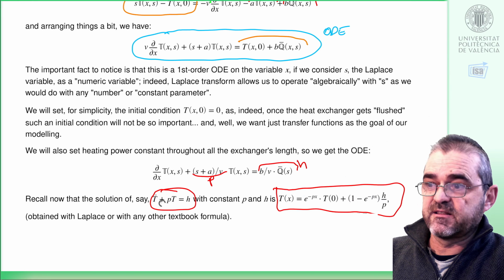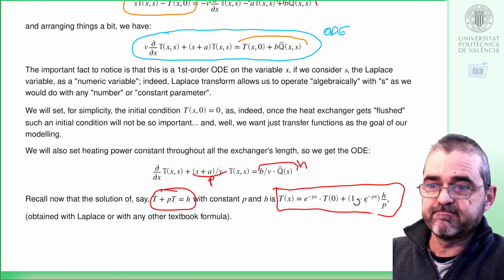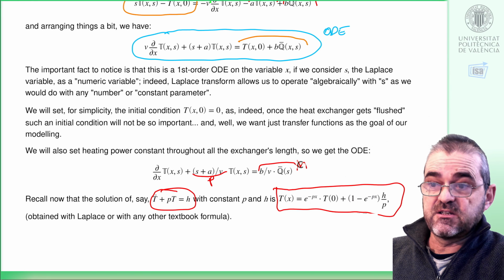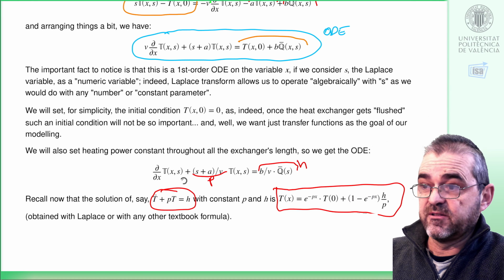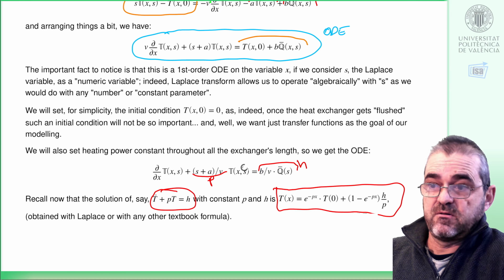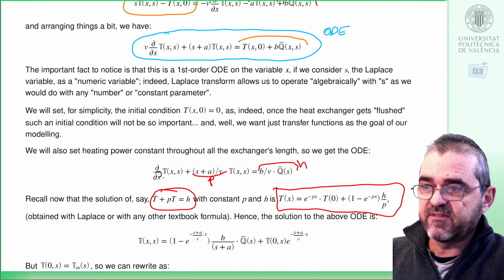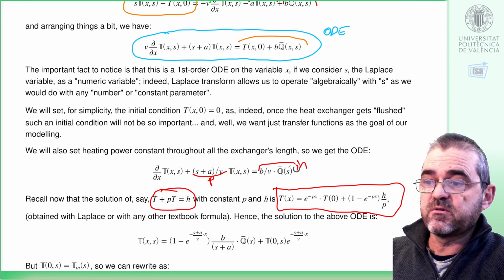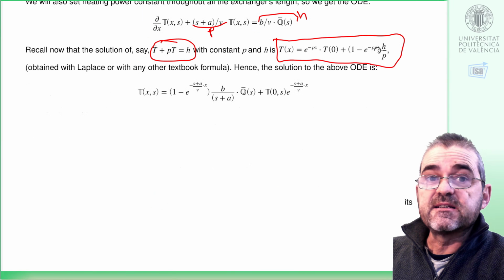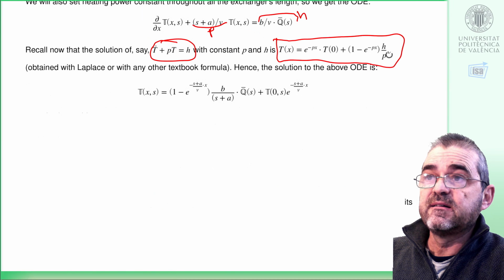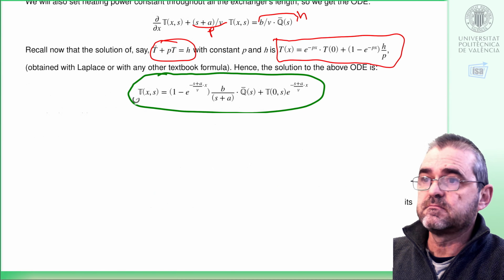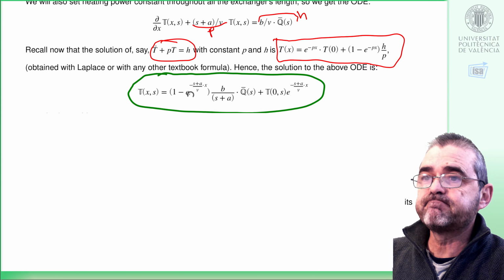So once we realize that the solution to this is this, and that p and h in here do not depend on the letter x, then we found the solution to what we want, just replacing here the values of p and h. This is it.